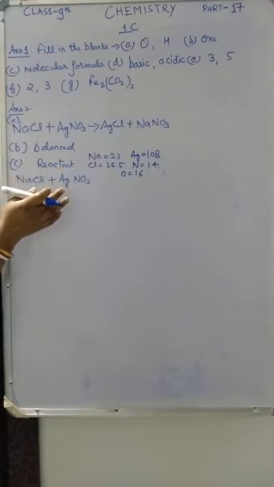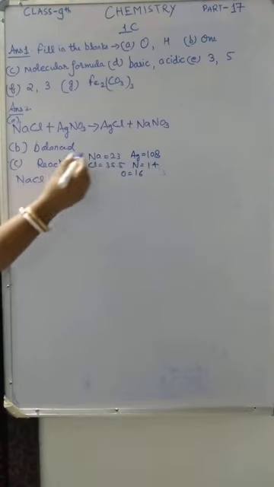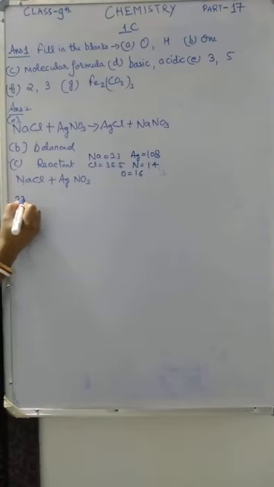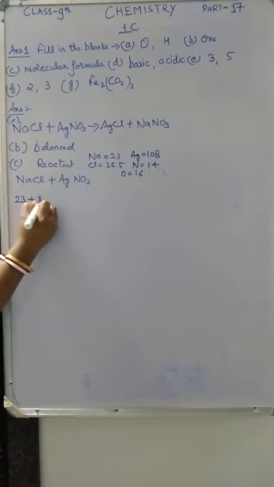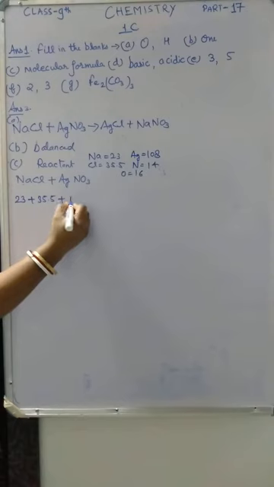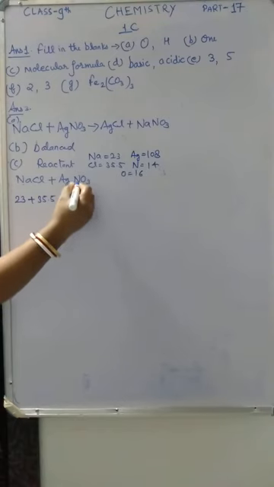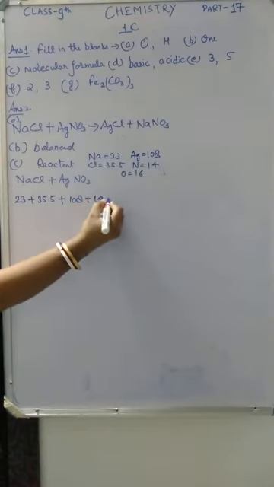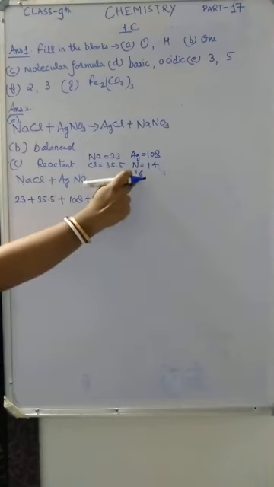So how to find out the weight of the reactant side? First you write the reactant side, NaCl plus AgNO3. Na atomic mass is 23, plus chlorine 35.5, plus silver 108, plus nitrogen 14, plus oxygen 16.